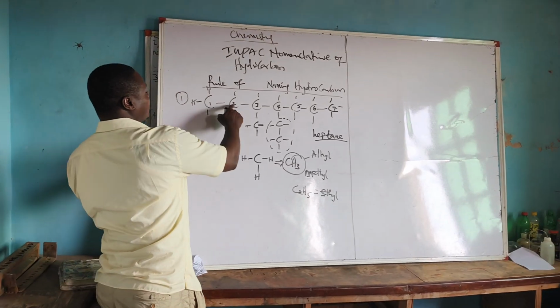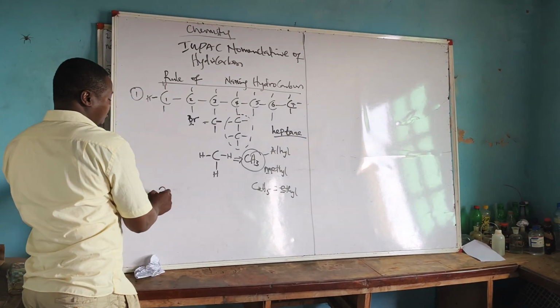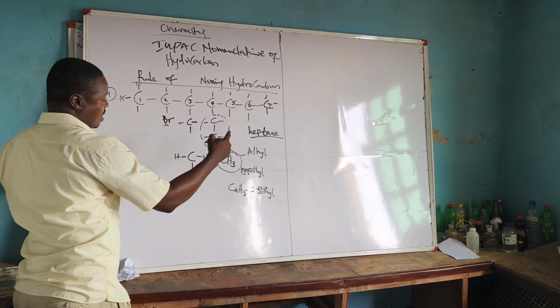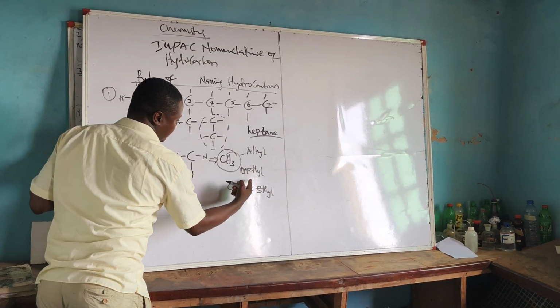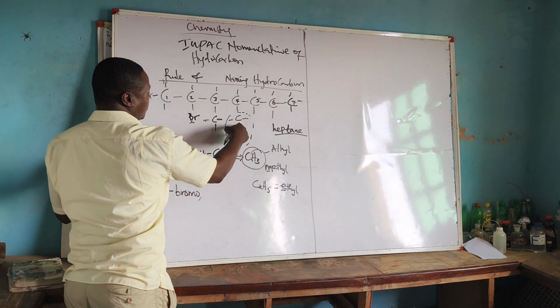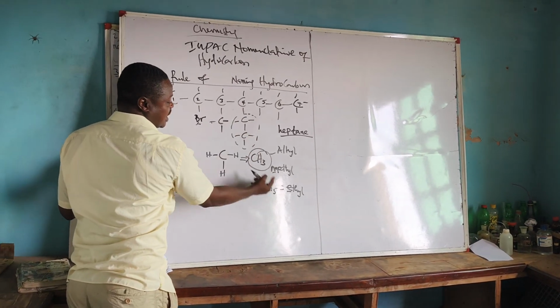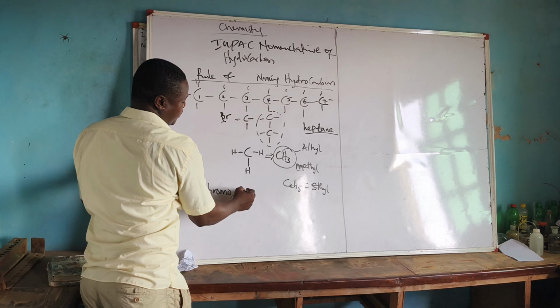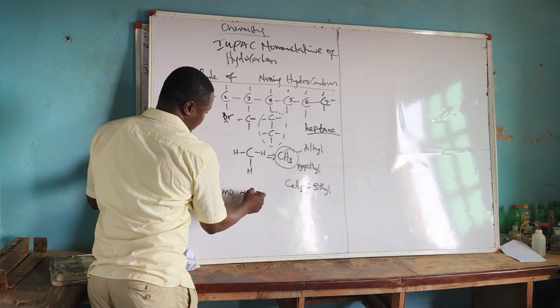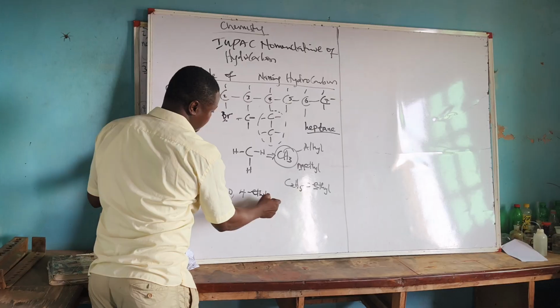And it's on carbon number what? 2. So that means we have 2-bromo, put a comma. Following alphabetical order, E comes before M. So we'll go to this number 4 that is carrying the branch that has ethyl. That's carbon number 4. Then you name the ethyl: 4-ethyl.